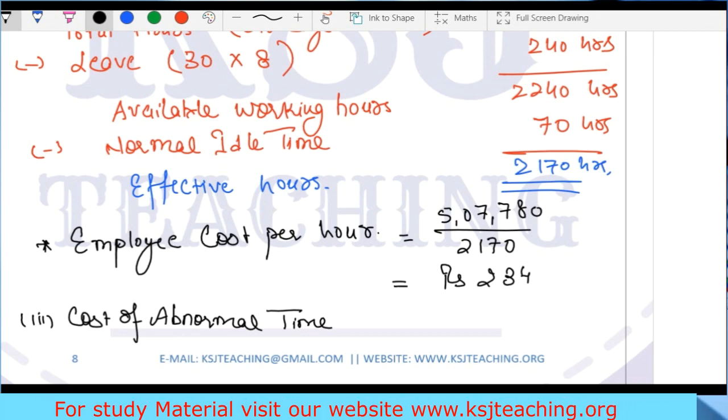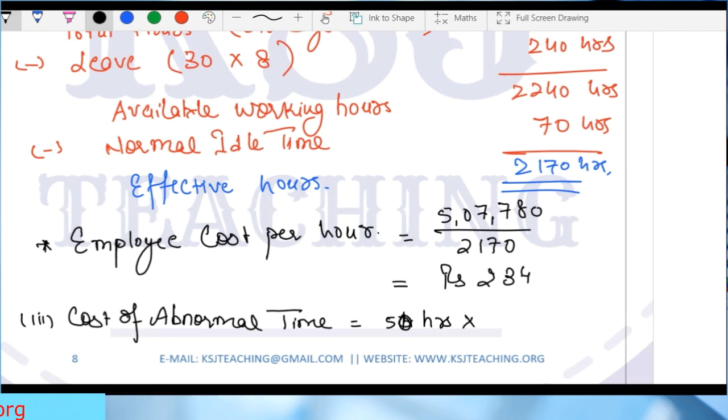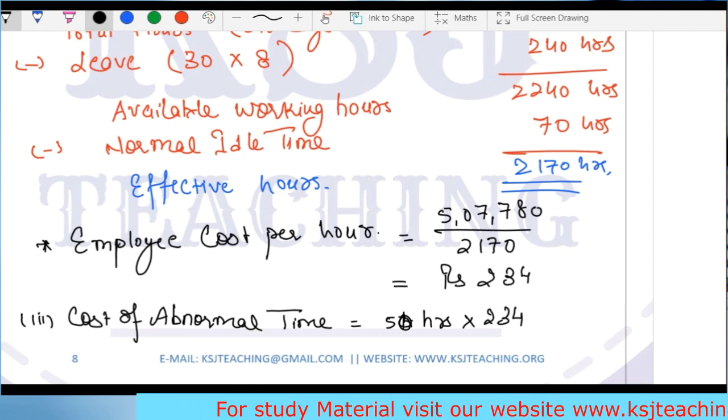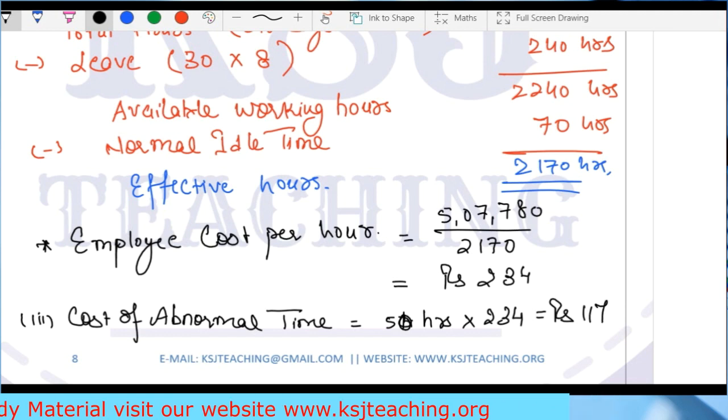What are the hours? 50 hours, right? Sir, what is the cost? What is the employee cost per hour? Sir, we'll be incurring 234 rupees per hour. So for 50 hours, the cost will be rupees 11,700.